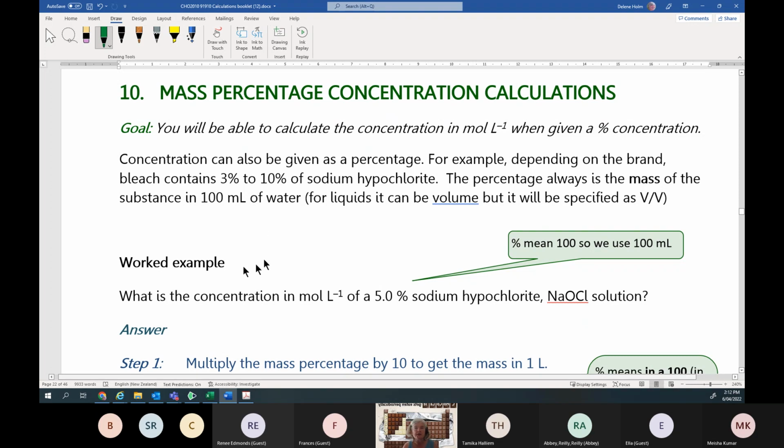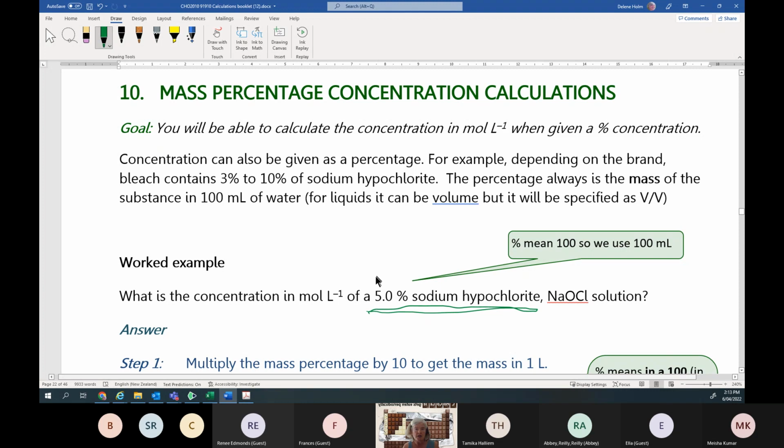Here's an example, and this will be given in the assessment task. You will be given a bottle of something and you're told it contains a certain compound. Could be ammonia, it could be vinegar, ethanoic acid, or in this case, sodium hypochlorite.